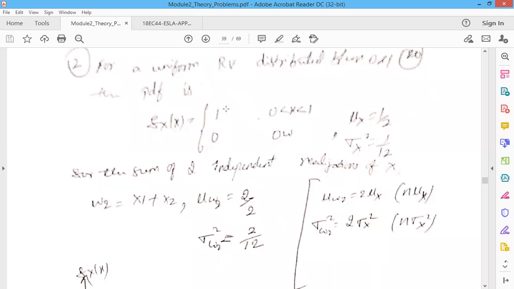And the corresponding mean and variance for fx of x are mu x is equal to 1 by 2 and sigma x square is equal to 1 by 12. So these values we have derived in module 1 itself.